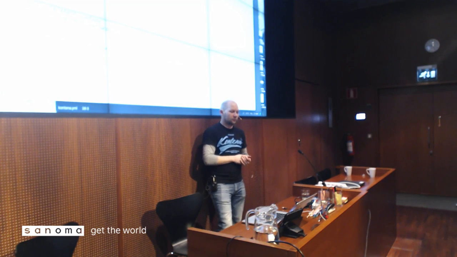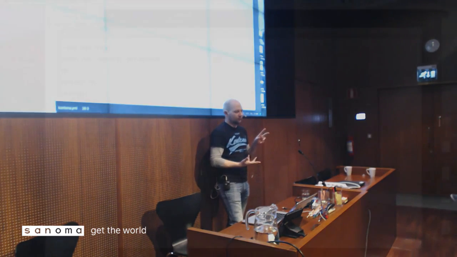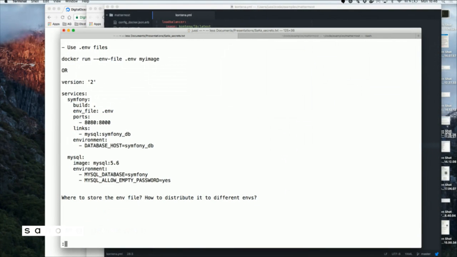Docker also has environment files, where you can store your secrets or whatever configuration in an environment file, and then pass that along when running things manually through docker run, giving the environment file, and then it injects all the environment variables into the container.